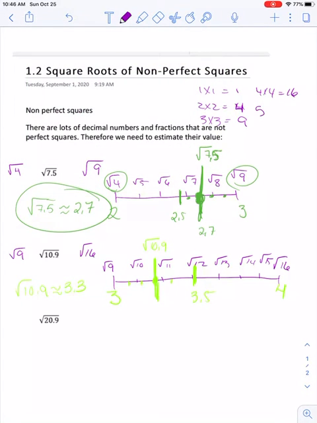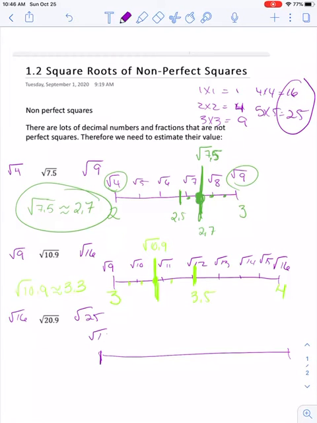One last example. If I have 20.9, I need to find the perfect squares, the one before and after. So 20 would be in between 16 and 25. We need to put this on our number line with benchmarks. So square root of 16, 25.